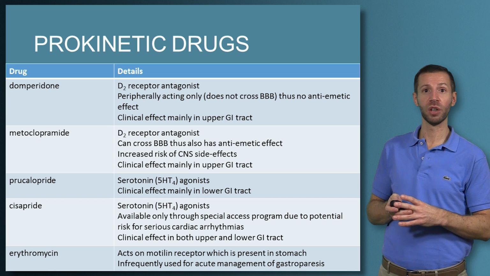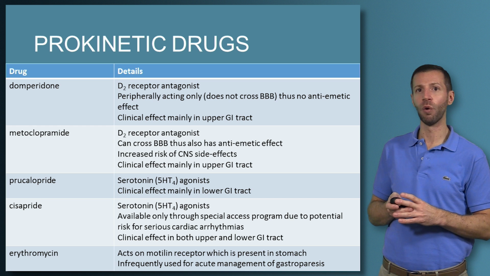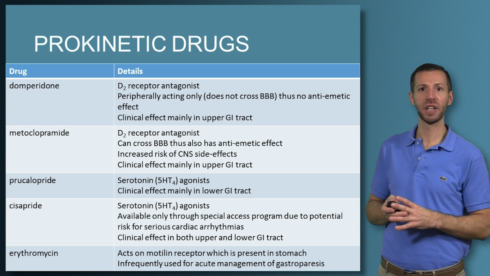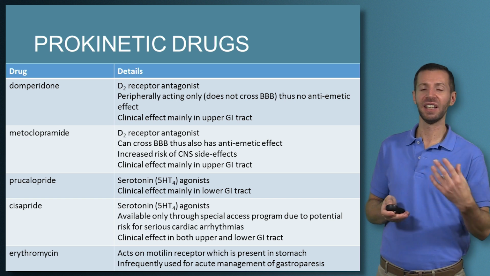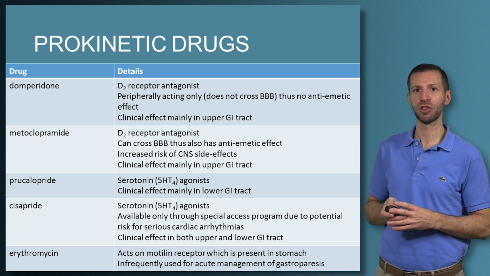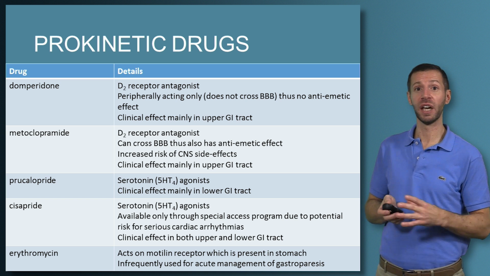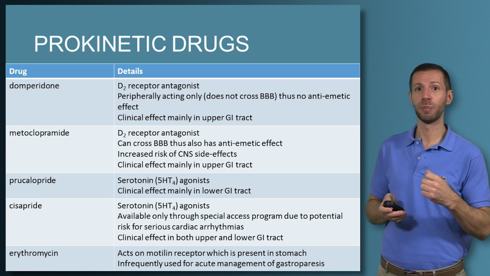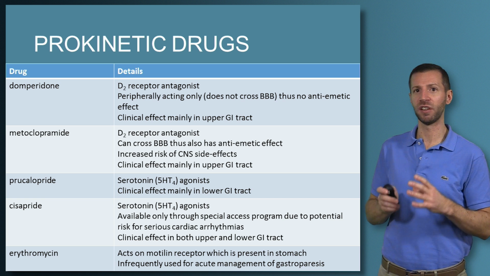There's a medication called prucalopride, which works on serotonin and that 5-HT4 receptor, which in the gastrointestinal tract promotes motility. Its clinical effect is mainly in the lower gastrointestinal tract, so it's used for things like constipation, but likely at higher doses may have some effect in the upper gastrointestinal tract. There's a medication called cisapride, which is also a 5-HT4 agonist, but it's not as specific for 5-HT4 in the gastrointestinal tract, whereas prucalopride is quite specific.